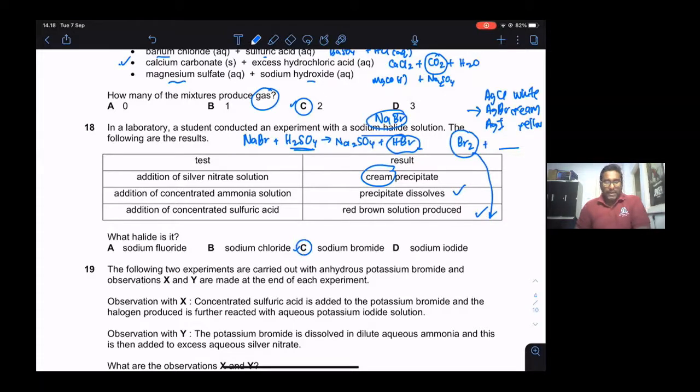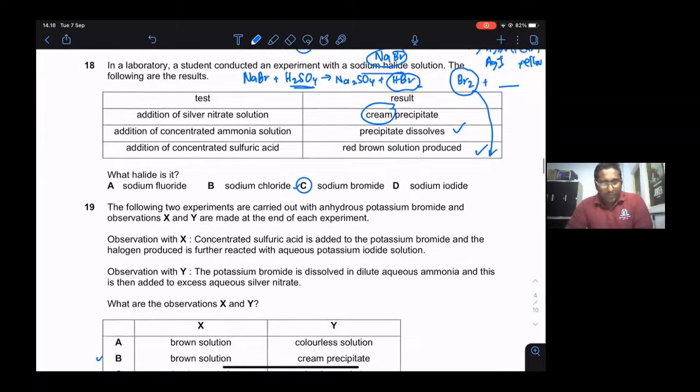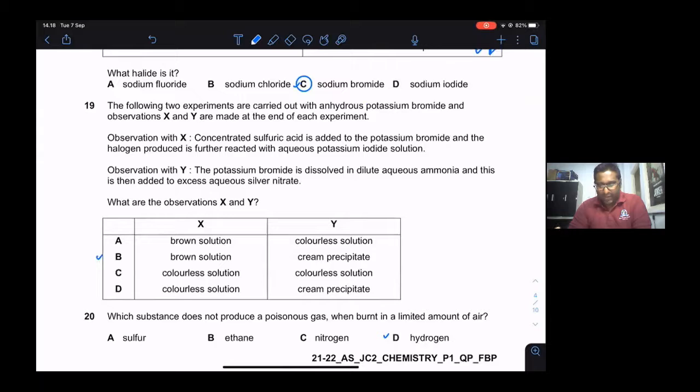Now, 19. The following 2 experiments are carried out with anhydrous potassium bromide. Observations X and Y are made at the end of each experiment. I think this question is similar to question number 18. If you add concentrated sulfuric acid to potassium bromide, it is similar to adding it to sodium bromide.